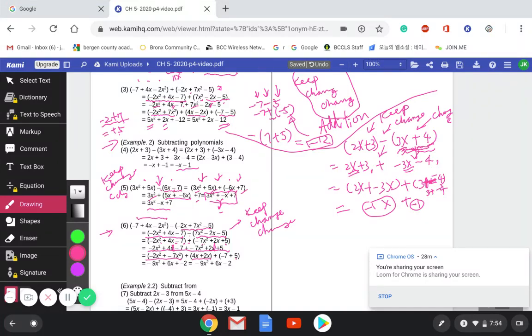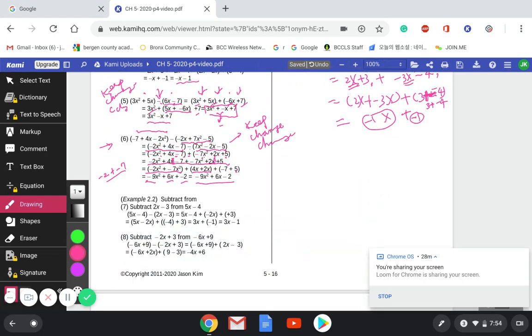So negative 2x squared plus negative 7x squared, you add them and keep the sign of the bigger absolute value, so it becomes negative 9x squared. 4x plus 2x is 6x. Negative 7 plus 5, you know it has to be negative, right? It's a bigger number, has a negative. So negative 2.